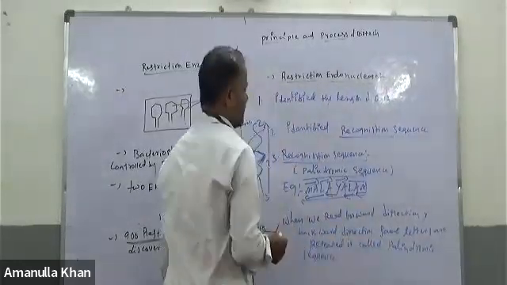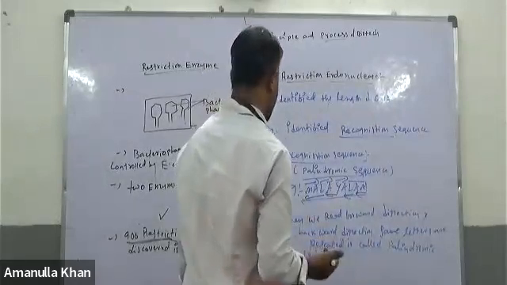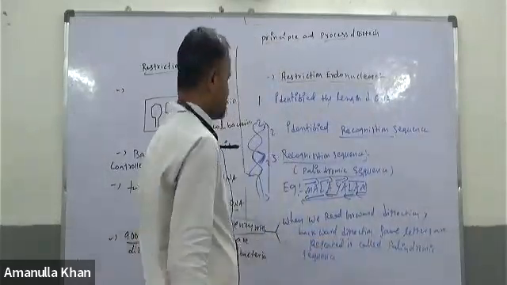Okay. Now this palindromic sequence applies in biotechnology to DNA, which means this palindromic sequence has 6 nitrogen bases.